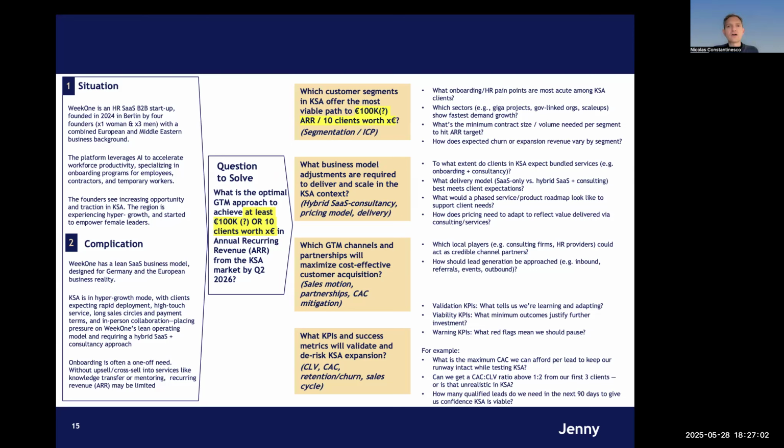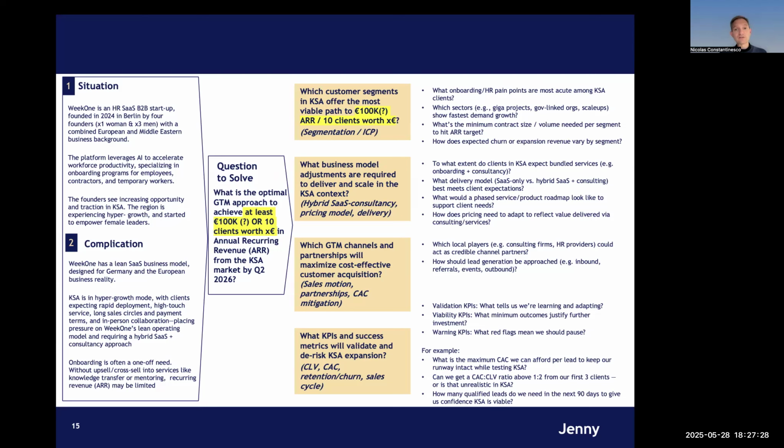And what is Q2 2026? Is the idea of 100K by Q2 26 a notion of speed, and why does speed matter? I don't know. I'm speculating, because the situation and complication give me nothing on this front. So that's the mismatch.